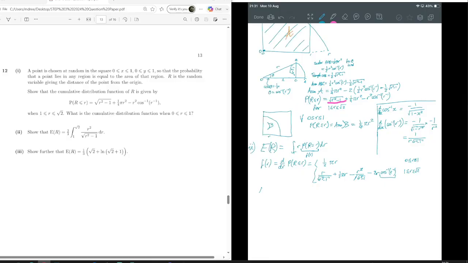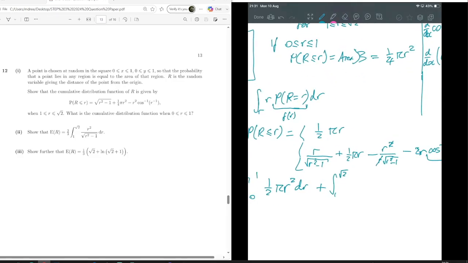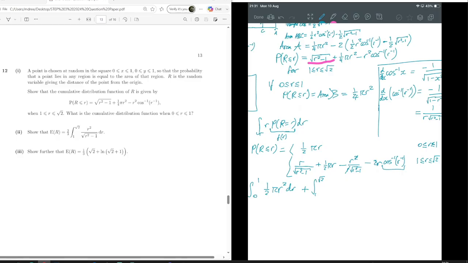So now let's go for it. E of r is therefore going to be the integral, and we need to split it into two parts: the integral between 0 and 1 of the half pi r times an extra r, plus the integral between 1 and root 2 of all of that nonsense.